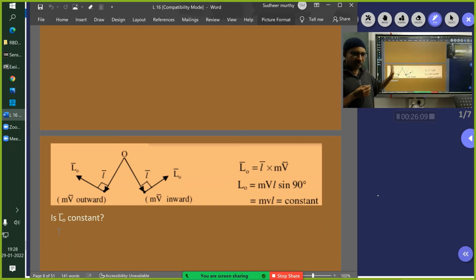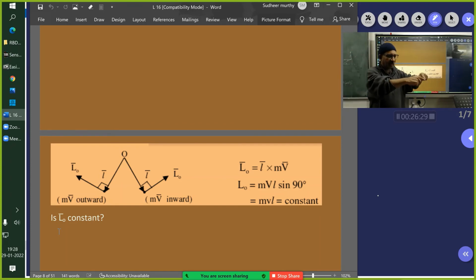Now my next question: is L naught bar constant? No. The direction of L naught bar is continuously changing. Because when the bob is here, the R bar vector is like this and the m v bar vector is like this.